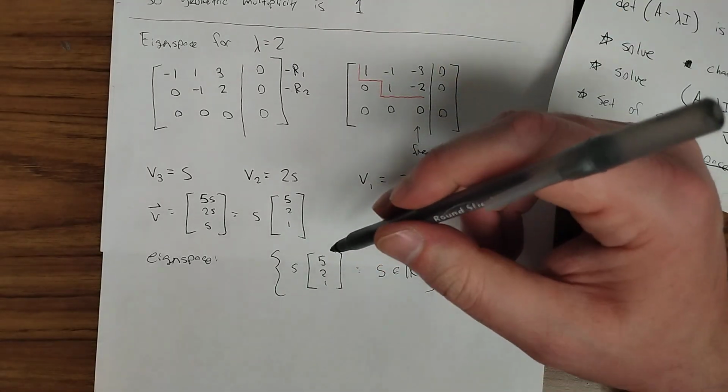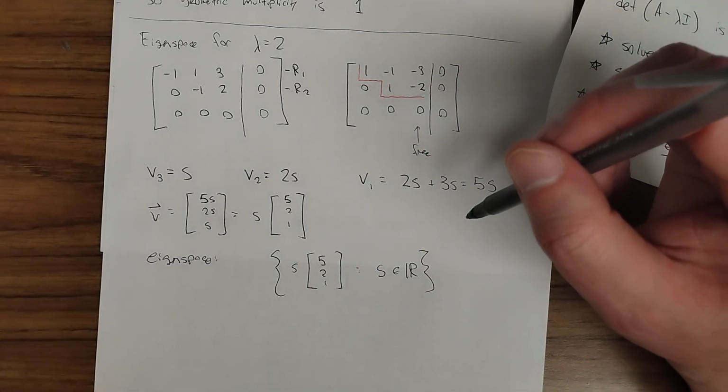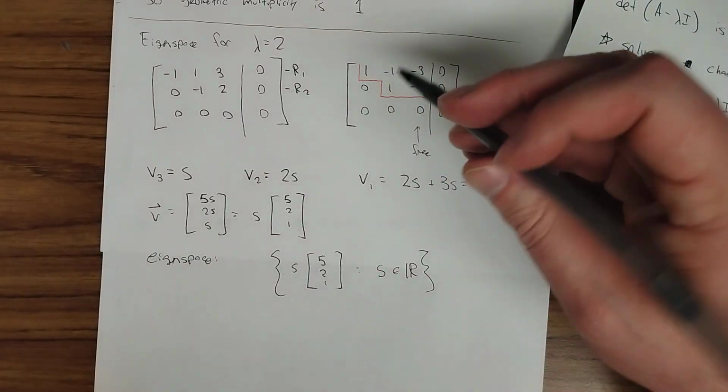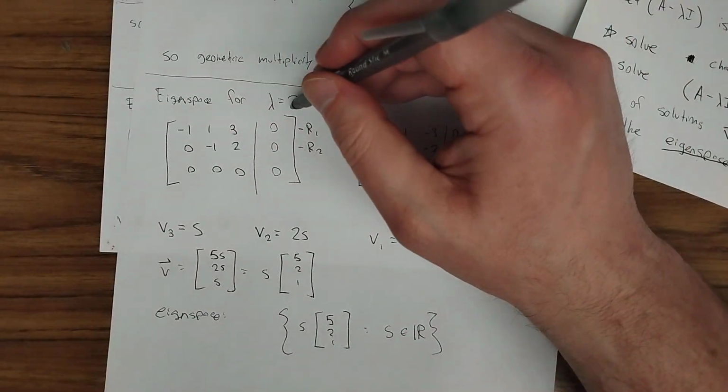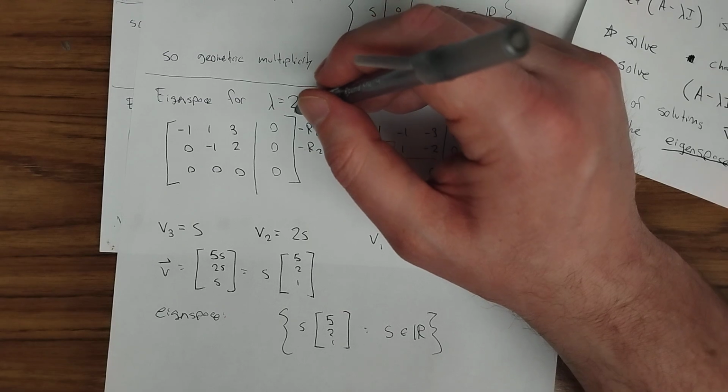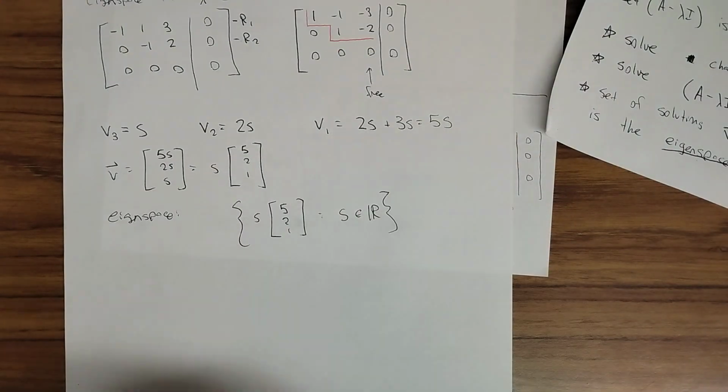This is also a one-dimensional eigenspace, which is the more normal situation, because recall, lambda equals 2 had an algebraic multiplicity of 1, and it turns out that the geometric multiplicity is the same. It's just 1.